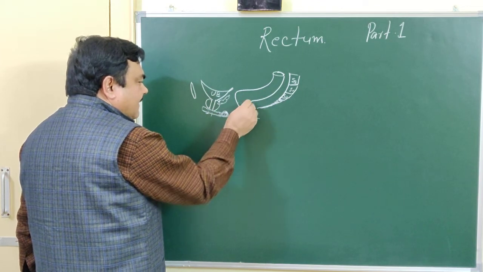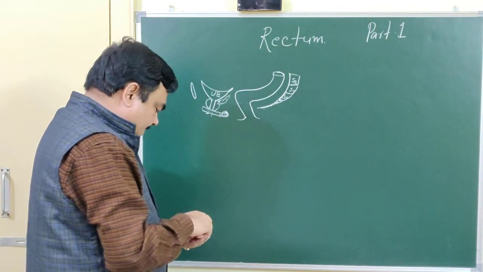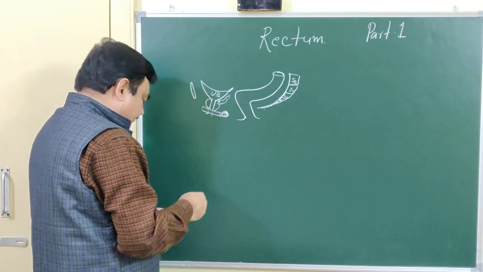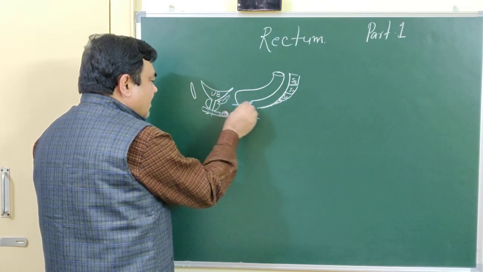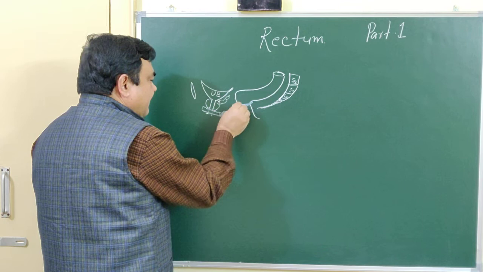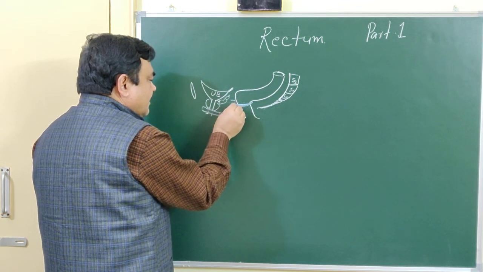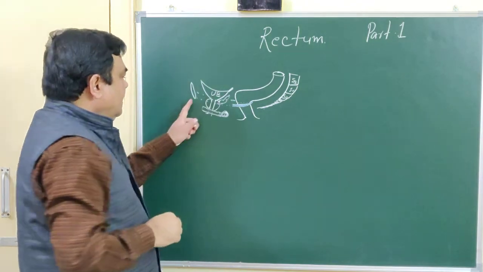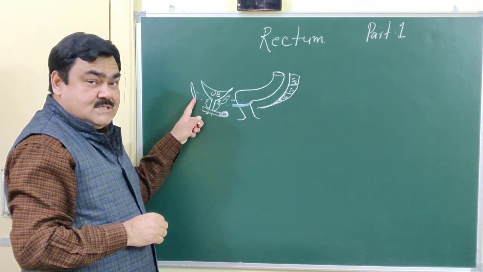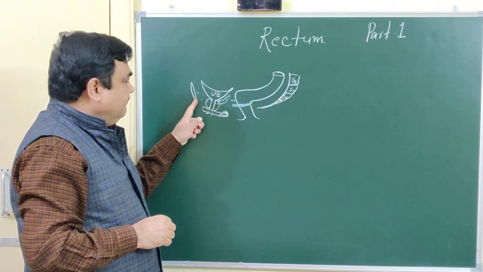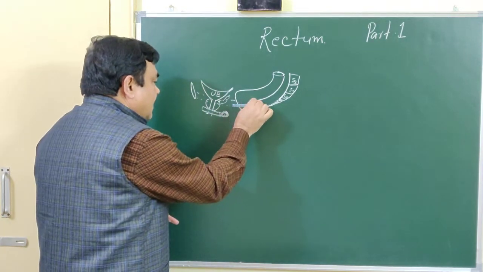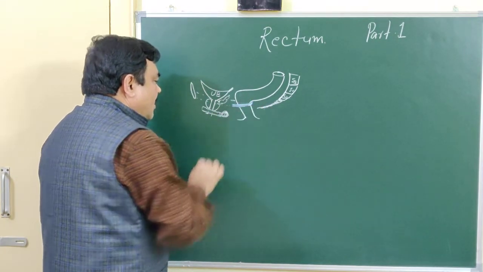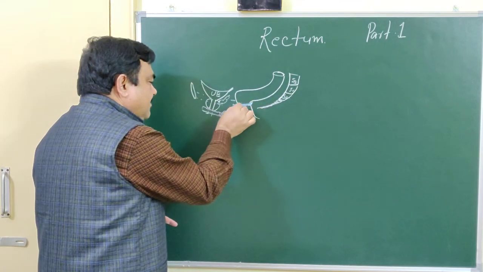This is the lower end, the junction of the rectum and anal canal. This is the anal canal, this is the anorectal junction. Here, one muscle which is attached to the pubis is the puborectal muscle.